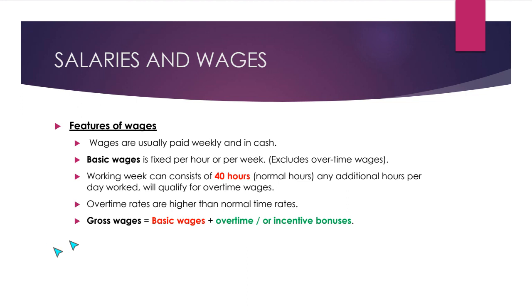Now, normally, wages are paid per hour or per week. Because even if it's per hour, obviously per week you can just check how many hours you worked. So if you worked 8 hours, they will tell you how much you earn for that particular week.